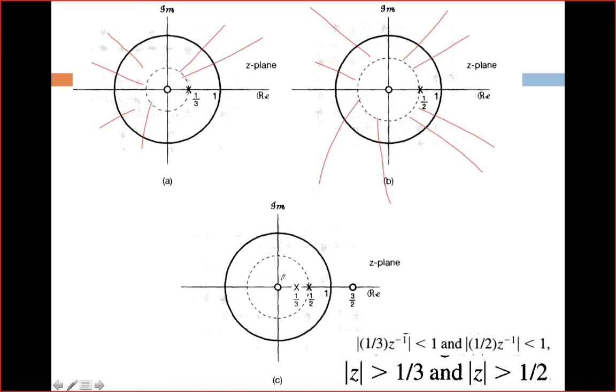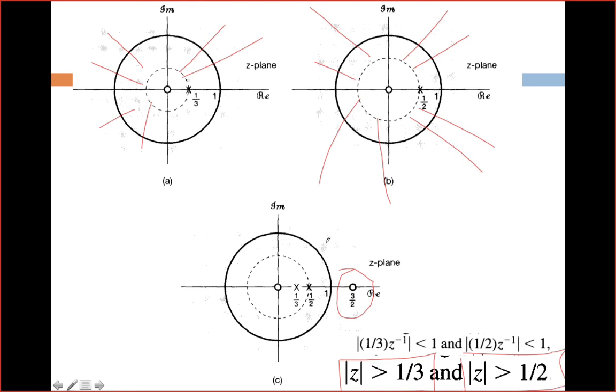We don't need to consider the zeros here, such as z equal to 3/2, because u of n is multiplied. We consider only poles for the ROC. So the magnitude of z is greater than 1/3 and the magnitude of z is greater than 1/2. These are the two ROCs.